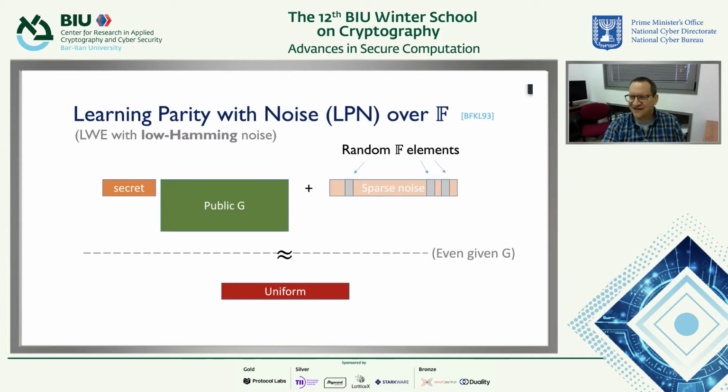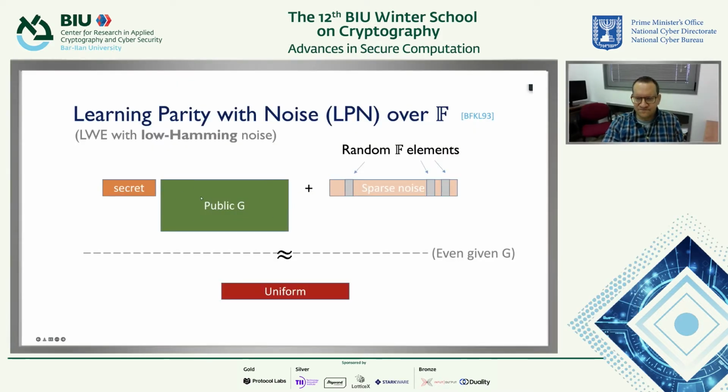Instead of having a noise that has a low L2 norm, now the noise has a low Hamming norm, in the sense that you take a small subset of the coordinates and you pick them at random, but otherwise there is no noise, right? In LWE, you have a little bit of noise or Gaussian noise in each coordinate. Here you have an arbitrary or random noise, but in a small number of coordinates. Okay, so that's really the distinction between LPN and LWE. Otherwise, the two assumptions can be thought of as analogous.